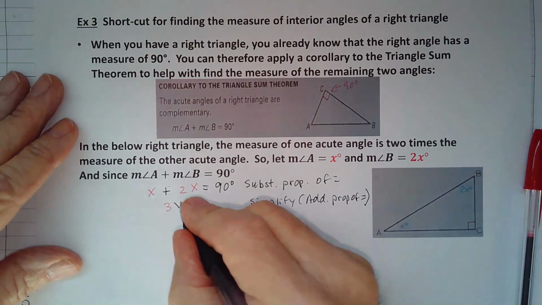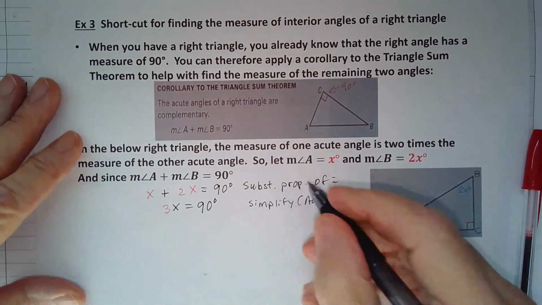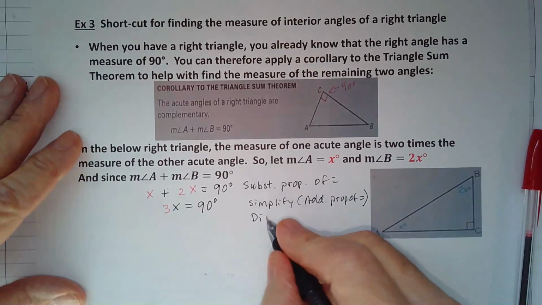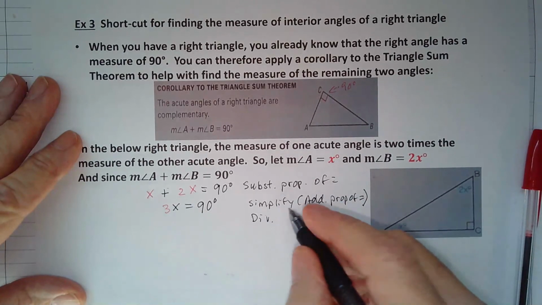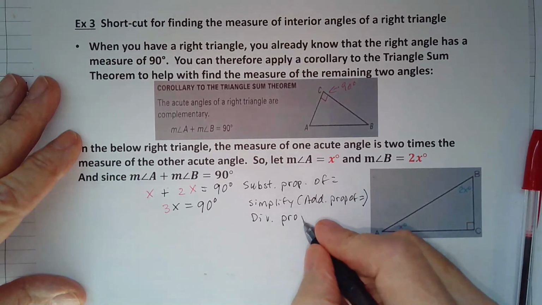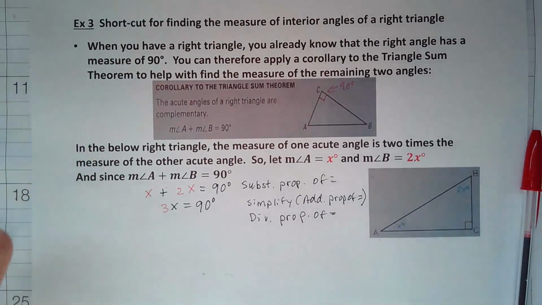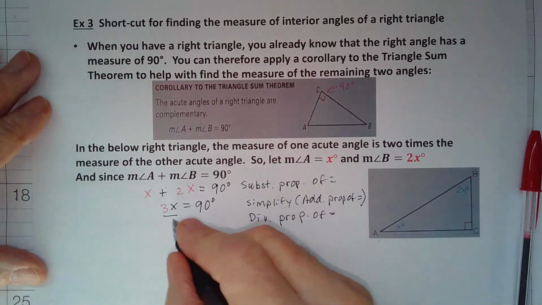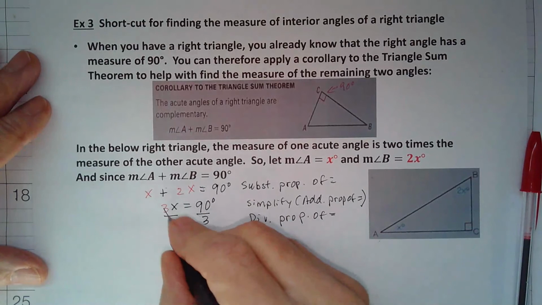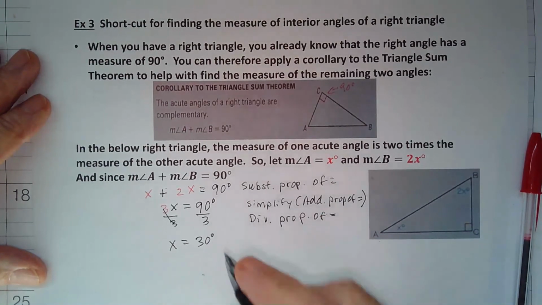3x equals 90 degrees. All right, so now we use the division property of equality. I'm going to abbreviate again, division property of equality. And so I'm going to divide by 3, and that means I've got x equals 30 degrees. All right?